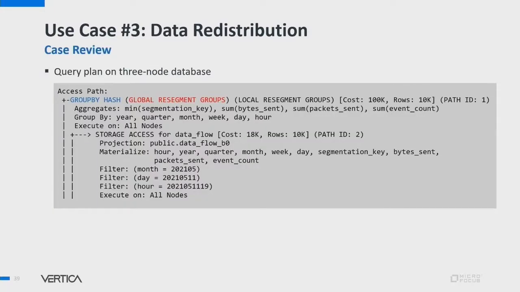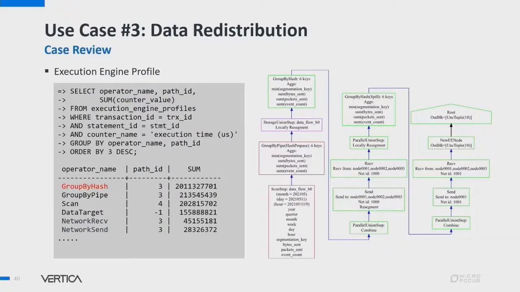Let's look at the query plan. As you can see, the query plan shows global resegment groups on the group by hash operation. It has fetched data from the other node to aggregate the data. Check the execution engine profile to know the longest operation.